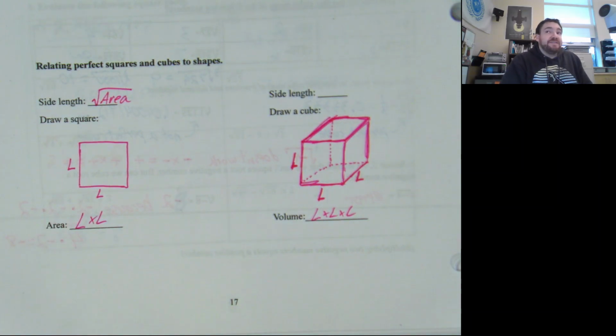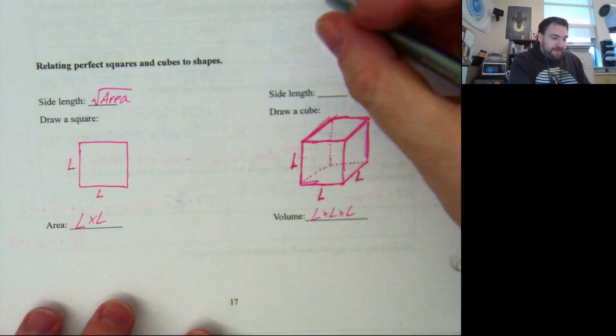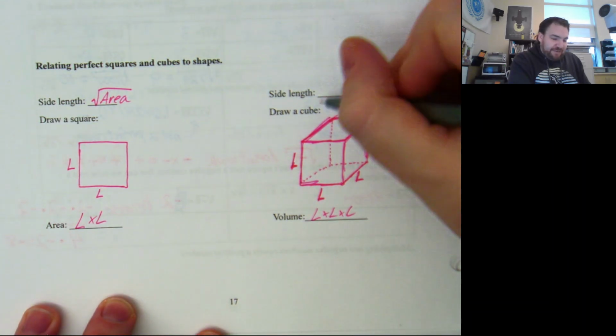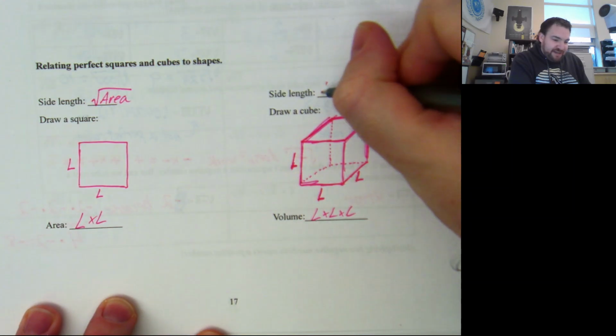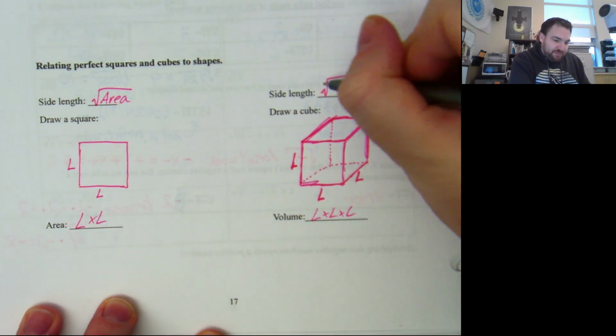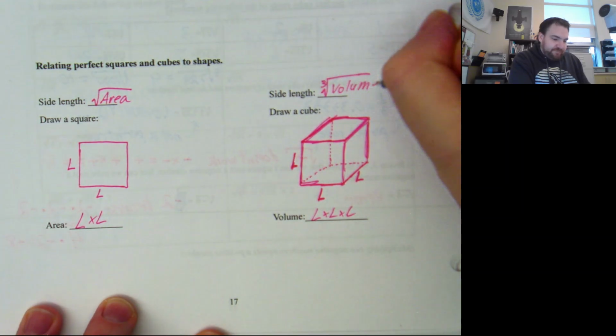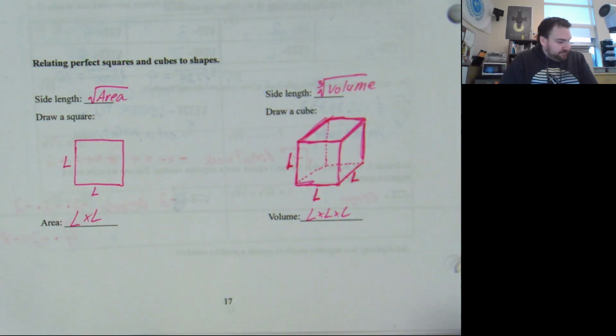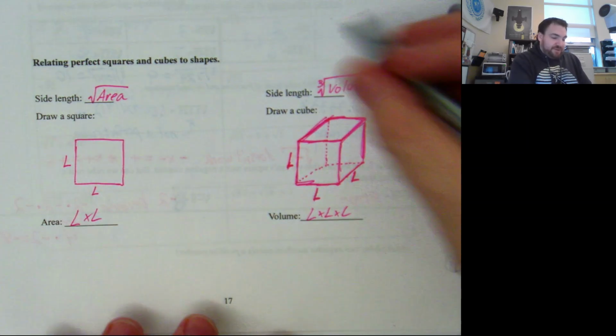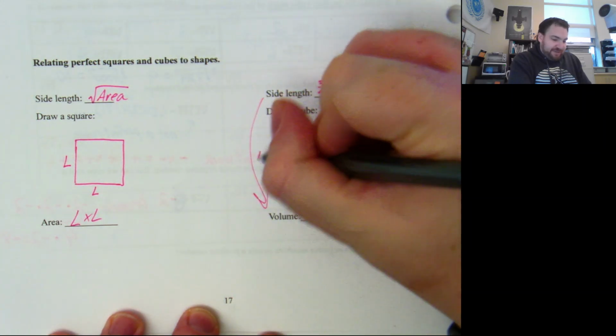That was why this notation was developed in the beginning. And to find the side length for a cube, I just need to take the root, in this case the cube root, of the volume. So side length to volume, that's just going to be length cubed.